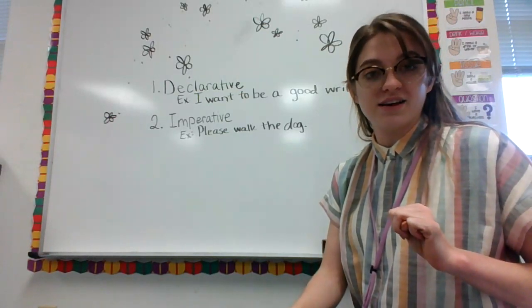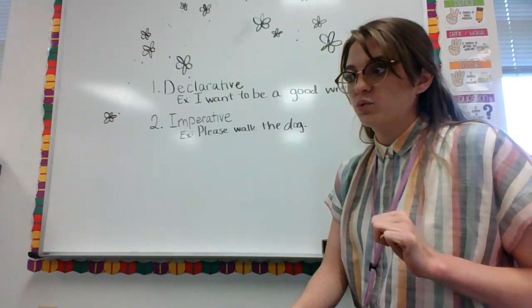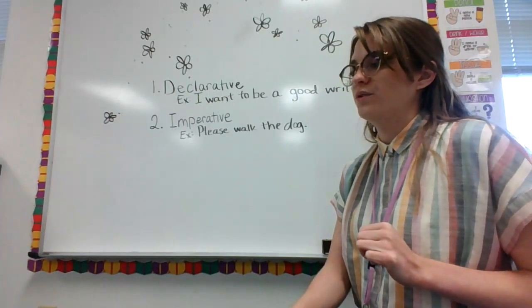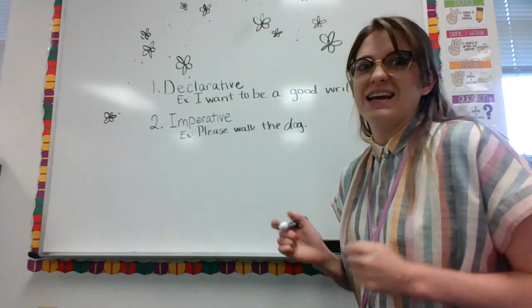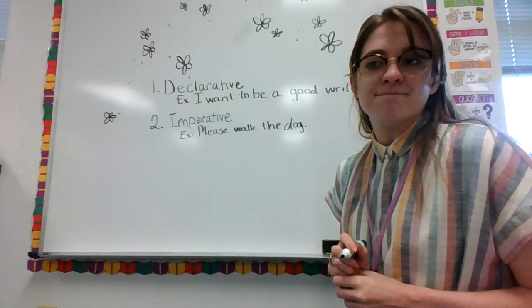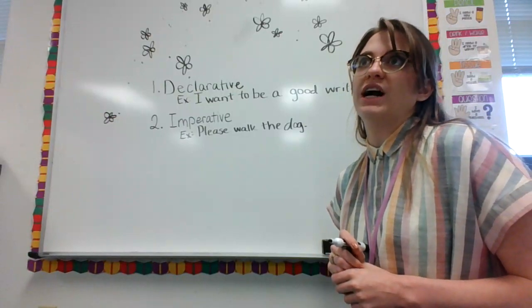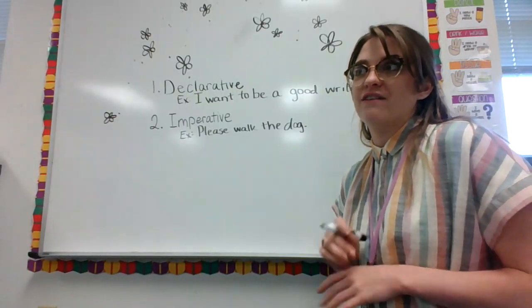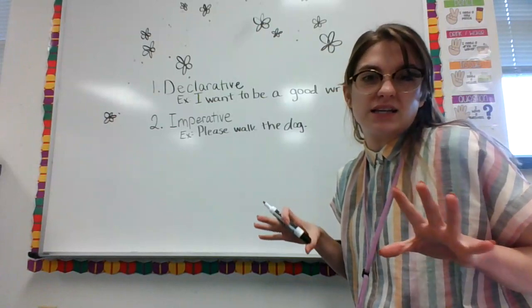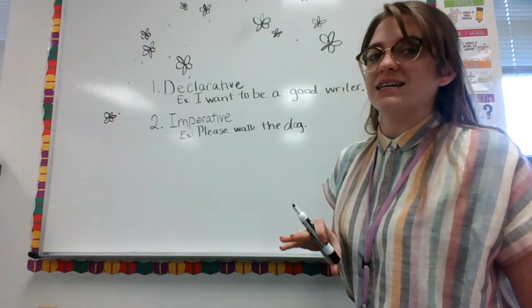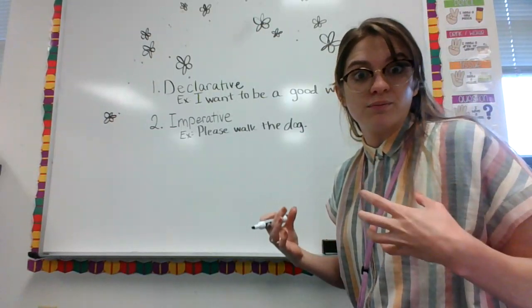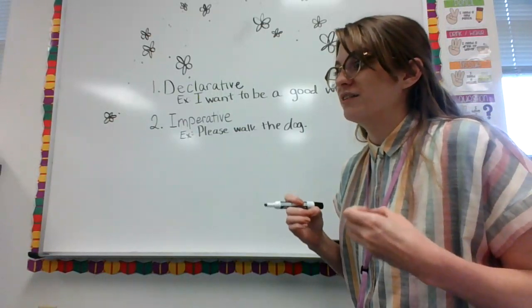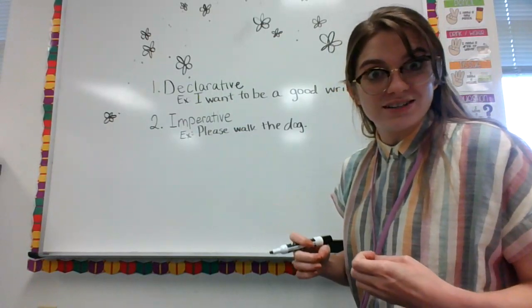Our third type of sentence is interrogative. Okay, interrogative. And when you hear the word interrogative, you might think of the word interrogator. Say you're an investigator of a crime scene and you have a suspect, and you're going to bring that suspect into your interrogation room, and you're going to ask them a lot of interrogative questions.